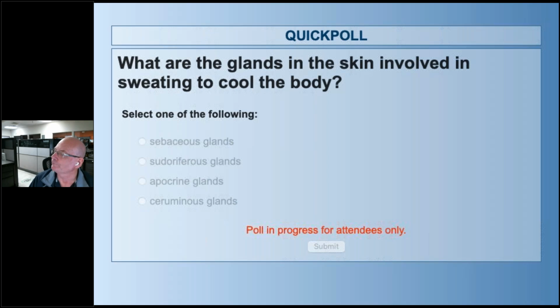Sweat. What glands involve sweating to cool the body?